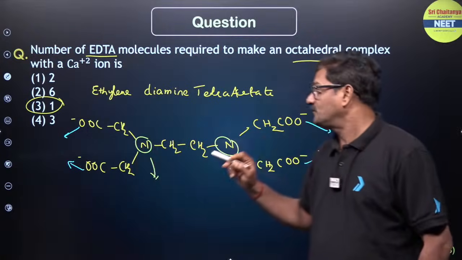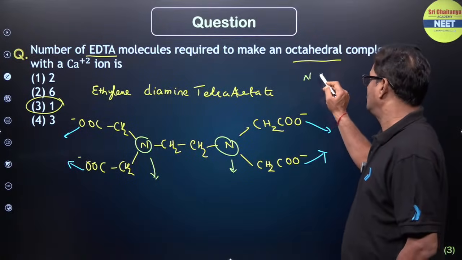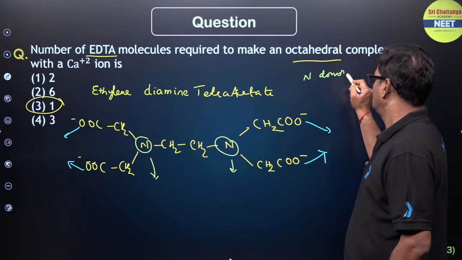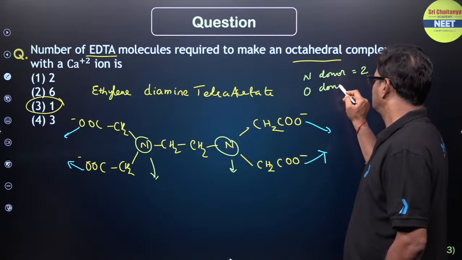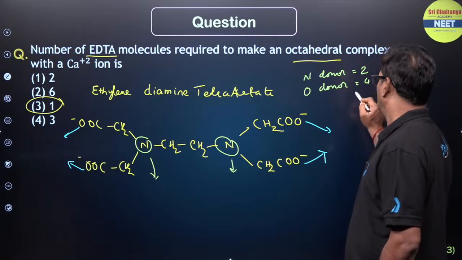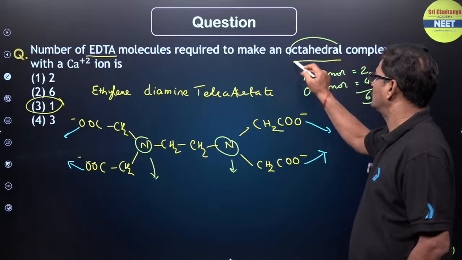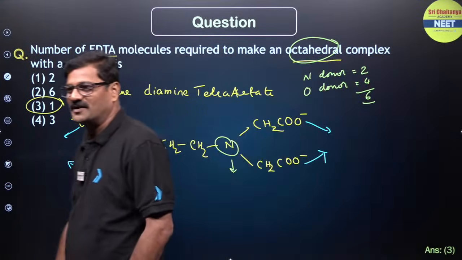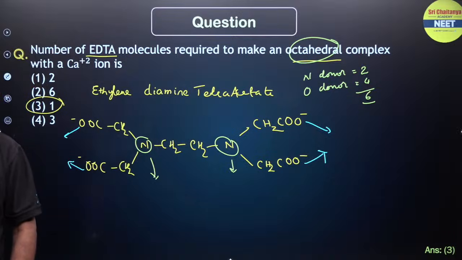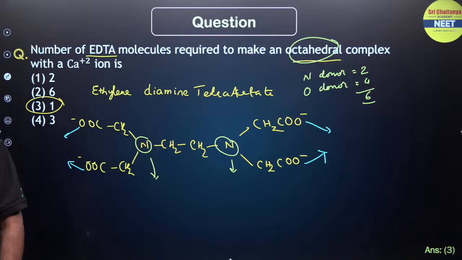What I want to say is, nitrogen donors are 2, oxygen donors are going to be 4, total is going to be 6. So it is going to be hexadentate, it can form an octahedral complex. Is it understood, children? So every point is important. I am explaining these points.